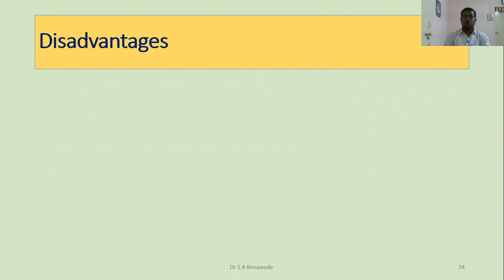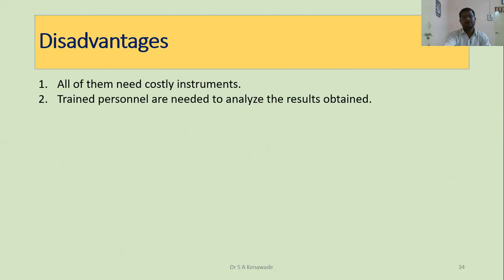Then, along with advantages, spectroscopic technique gives some disadvantages too. The very first is all of them need very costly instruments. If we have to use this technique, the instrument is necessary and it is highly costly.